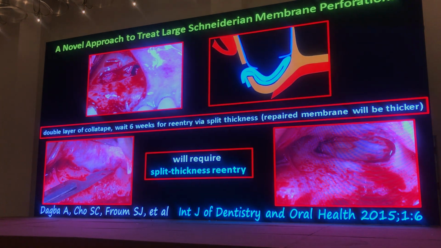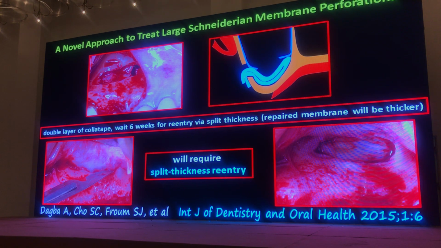This is another interesting technique that one of Dr. Cho, who I think has been here, Sang-Chun Cho from NYU has been here, and he just showed me this technique that he developed. They don't use it, but it's interesting. If he has a perforation, he puts in a thick double layer of Collatate, just puts it inside, he lets it stay there, and then he comes back a couple weeks later, and goes back in, and now the Collatate has been invaginated with soft tissue, and he just lifts up the Collatate and puts the graft material below it.